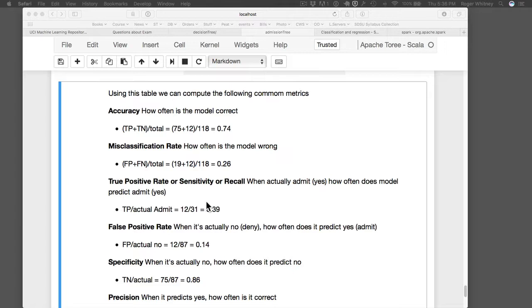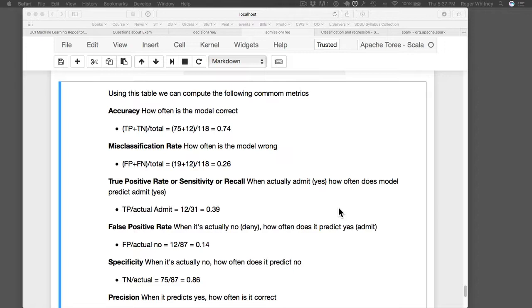Well, if you know how often it's right, you know how often it's wrong. And then there's the true positive rate, or we call it sensitivity, and that is when the answer is yes, or in this case admit, how often does the model predict yes? So in this case, it's not very good, right? 39% of the time when a student is actually admitted, the model predicted they would be admitted.